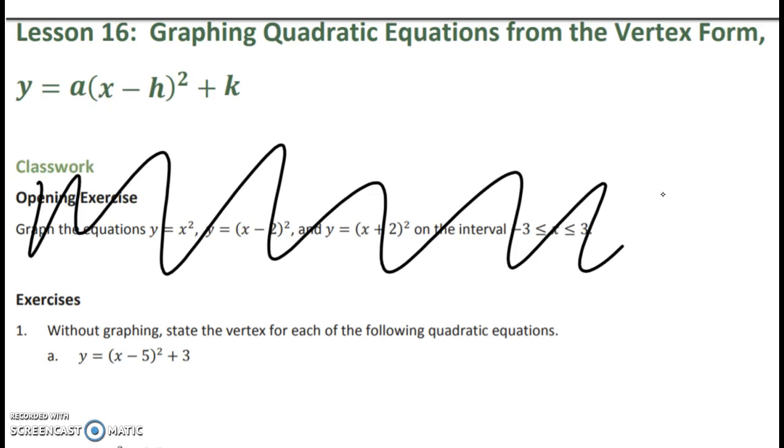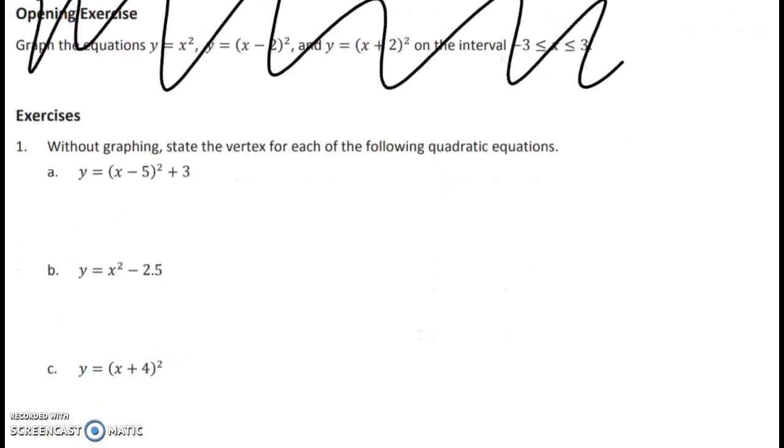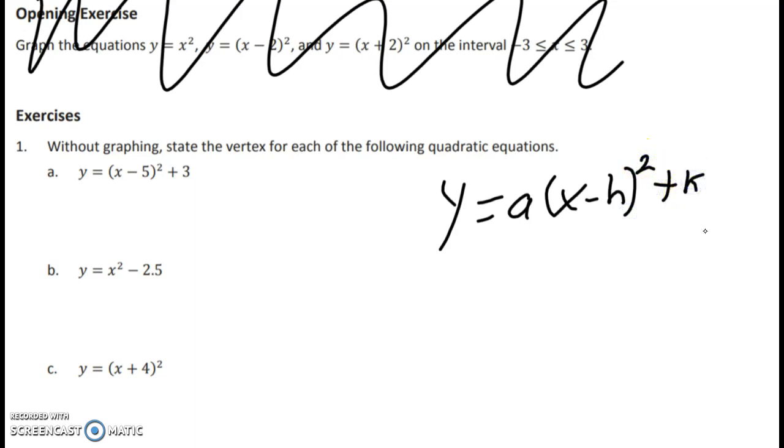So you will notice in 1a, that equation is in vertex form. So the reason it's called vertex form is because when we have the equation, the vertex in this equation, the value for h is the x value, the value for k is your y value, and that coordinate ordered pair is your vertex.